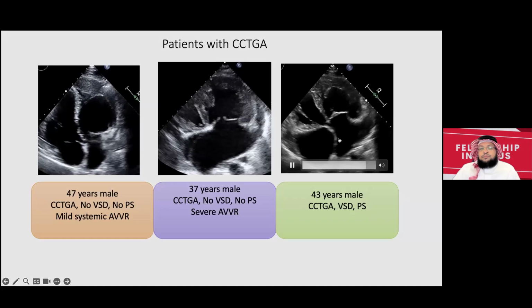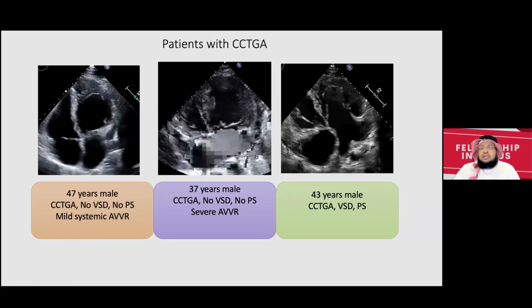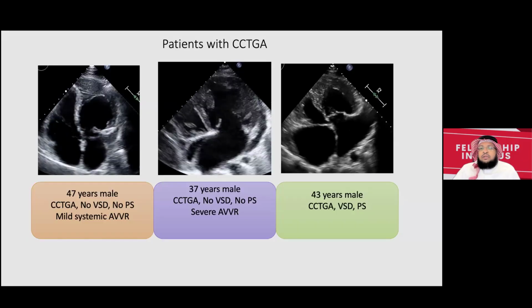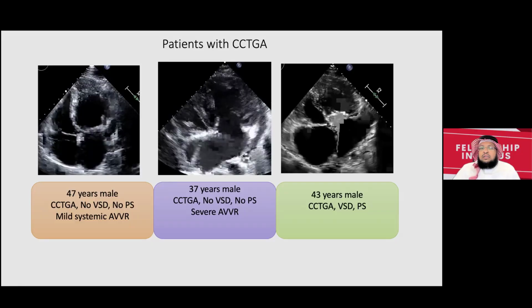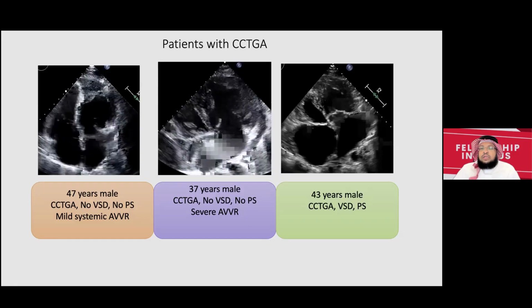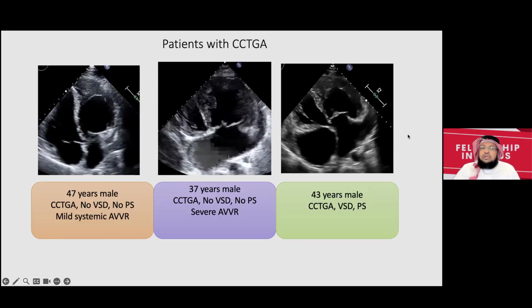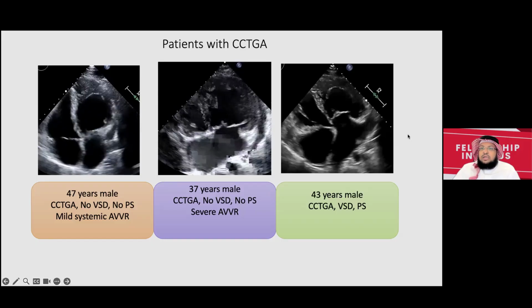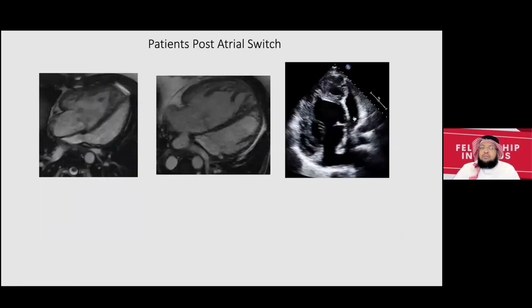This patient has CCTGA, VSD, and 5 years back he was operated on by Joseph Zahrani, and he did valve replacement, VSD closure, and physiological repair with a pacemaker. So three patients with different anatomical variation and different clinical presentation.